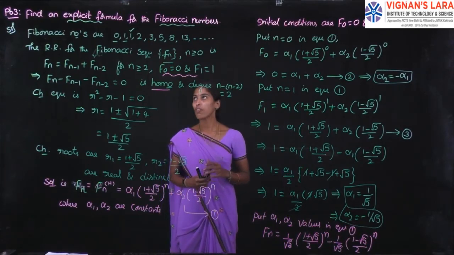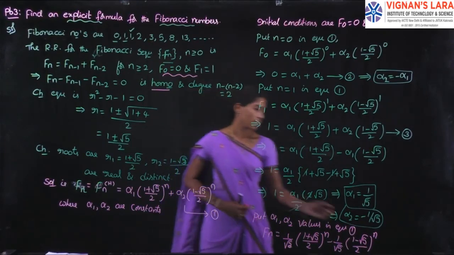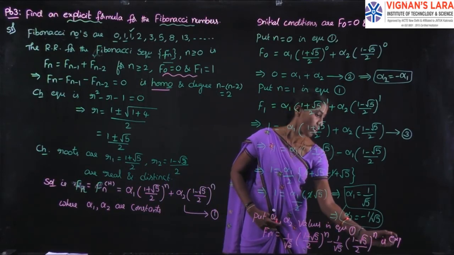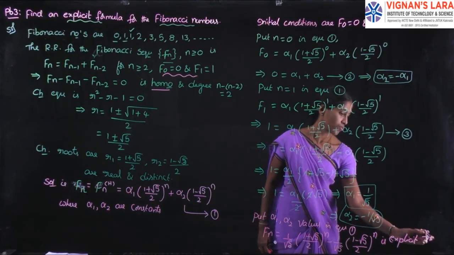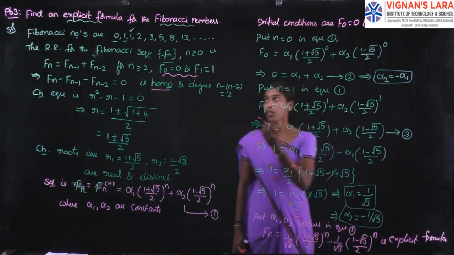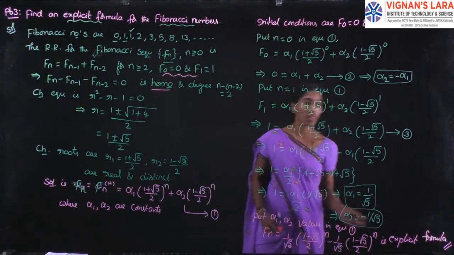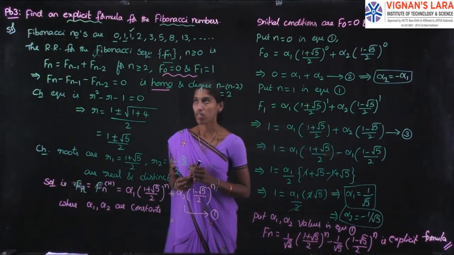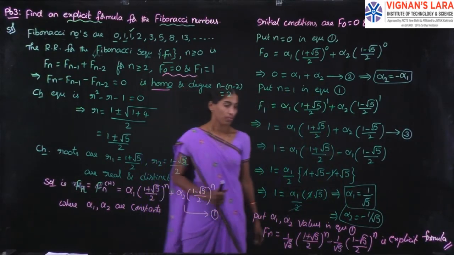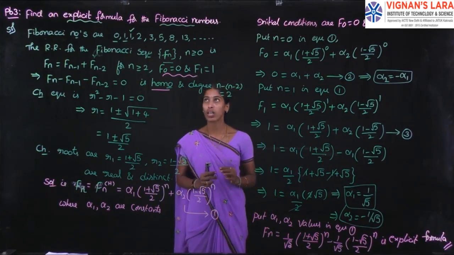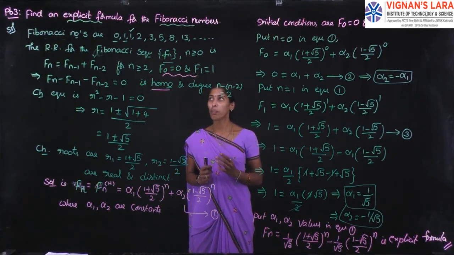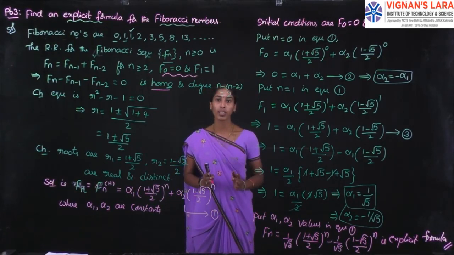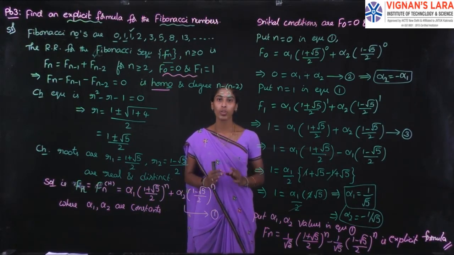This is the way of finding the explicit formula for the given Fibonacci numbers, otherwise the Fibonacci sequence, right? Like that we find the solution. Otherwise they ask, using the Fibonacci numbers, find the explicit formula, otherwise the solution of the given recurrence relation. This is the procedure of finding its solution, right?